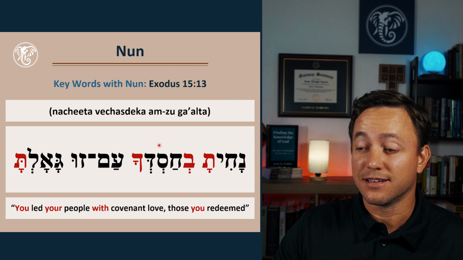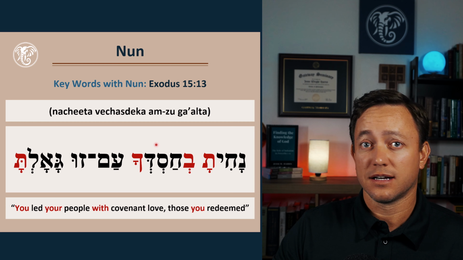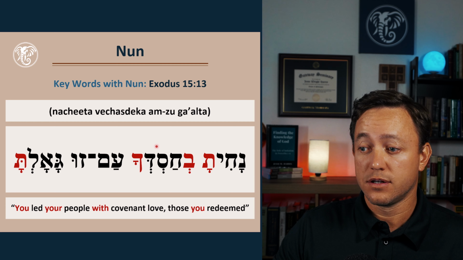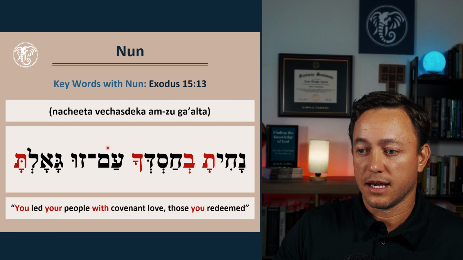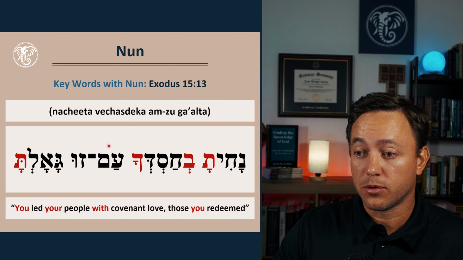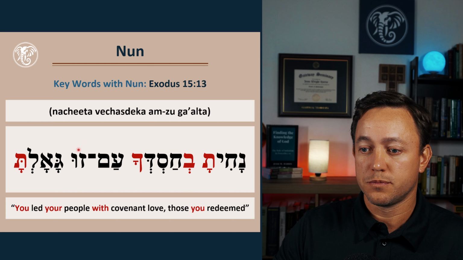So the whole Exodus is based on God's covenant, faithful love to the people, the descendants of Abraham, Isaac, and Jacob. And then he goes on to say, so that's that word for people or nation, zu, which means like these or those, and then ga'alta.